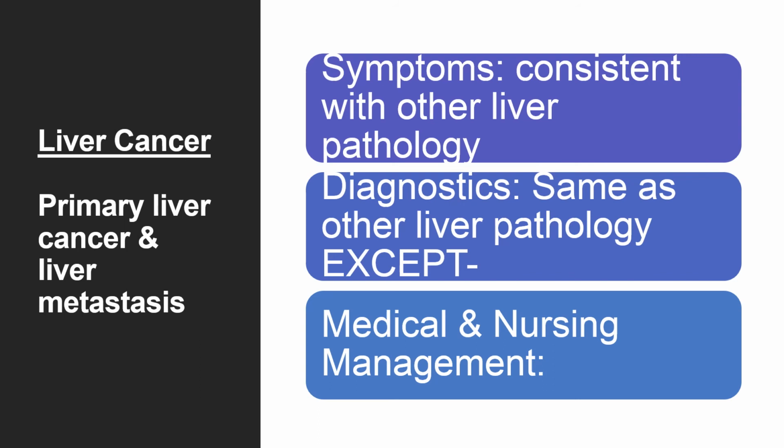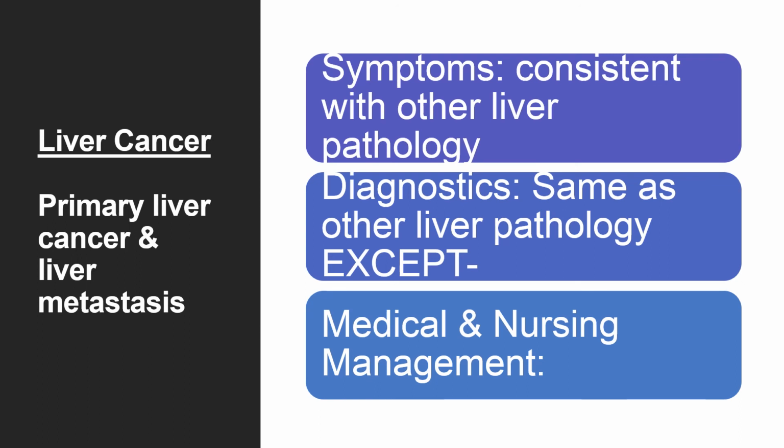With liver metastasis, the primary site was elsewhere and it metastasized to the liver. It's interesting to note that few cancers originate in the liver, and benign tumors were uncommon until the widespread use of oral contraceptives.